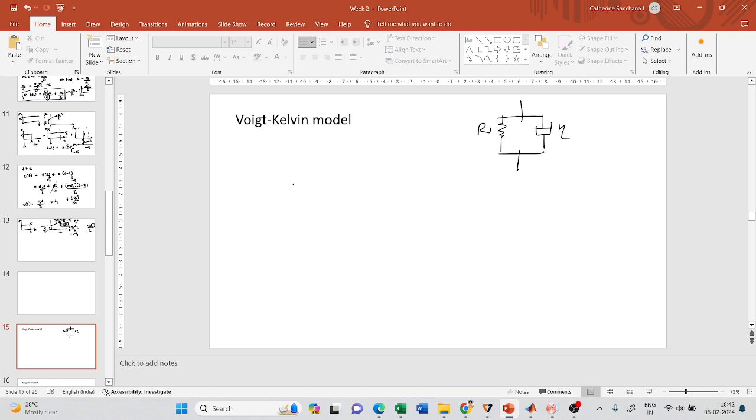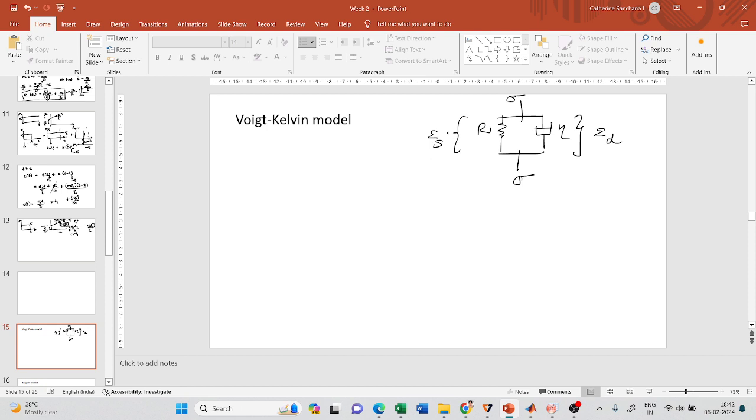Here also, let us say I'm subjecting the material to some stress. Since they are in parallel, the total deformation undergone by the Kelvin model will be the same as the deformation undergone by the spring and by the dashpot.